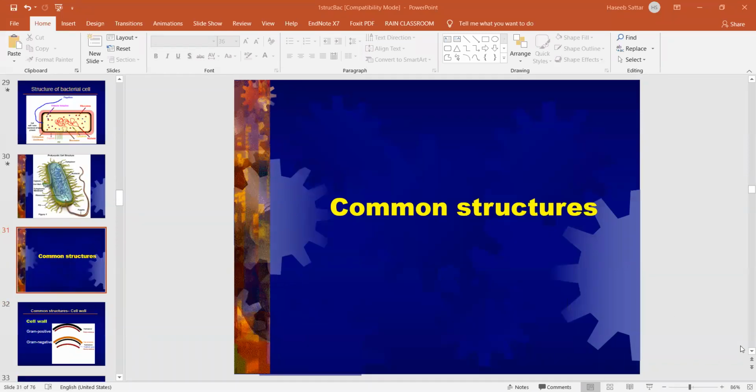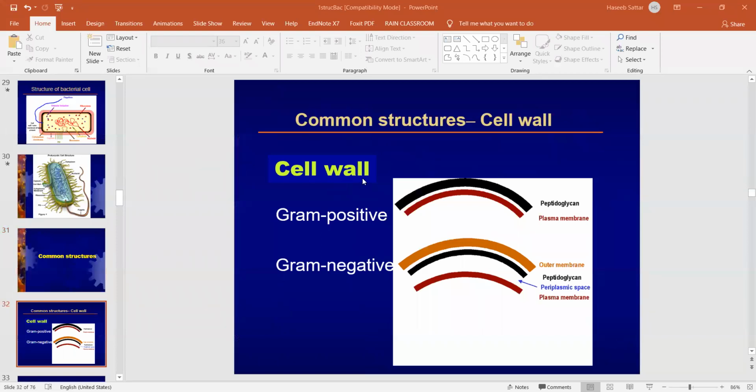First let's discuss the common structures which are present in both gram negative and gram positive bacteria. Both contain a cell wall because both are prokaryotic cells. The cell wall of gram positive and gram negative bacteria is made up of peptidoglycan units.